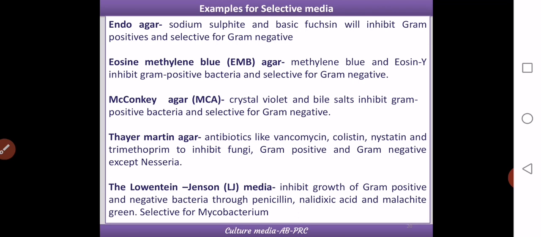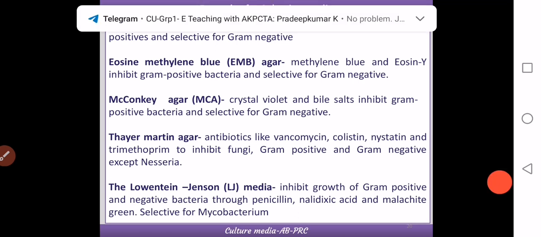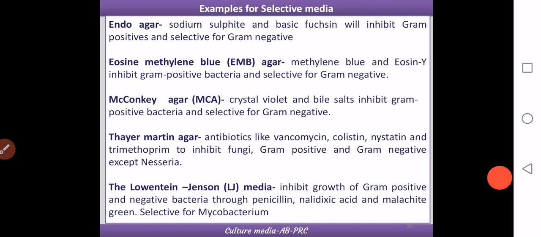Then MacConkey, in a similar way, gram negatives are selected and gram positives will be inhibited by crystal violet and bile salts. Then Thayer-Martin agar, TM agar, in which certain antibiotics are added like vancomycin and colistin, which inhibit gram positives, and nystatin will inhibit fungal growth, and trimethoprim will inhibit gram negative organisms except certain specialized groups like Neisseria.